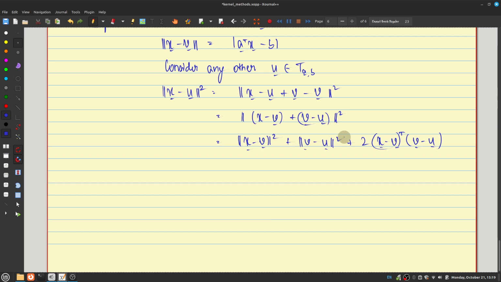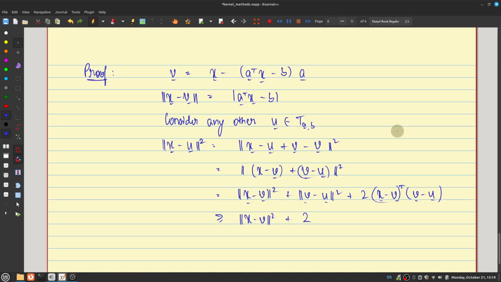I know that the norm of V minus U, the whole square, is non-negative. So this is greater than or equal to the norm of X minus V squared plus 2 times the inner product between X minus V and V minus U. But what is X minus V equal to?